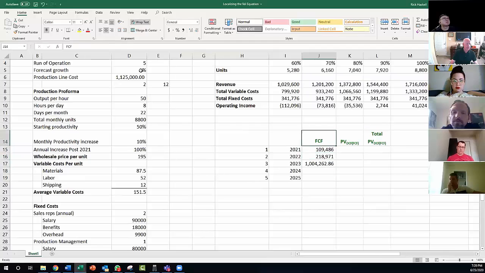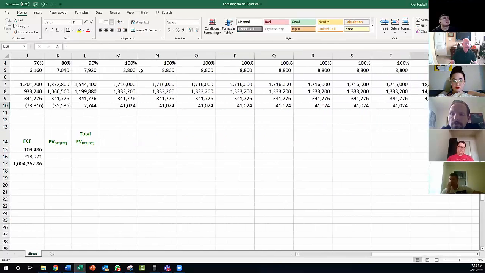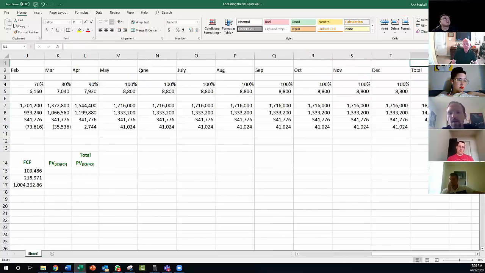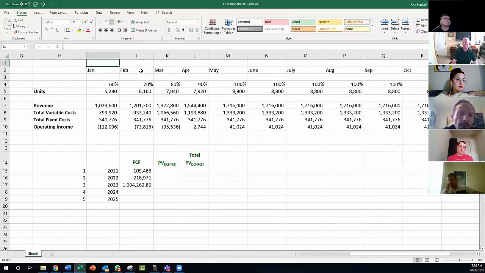So year 1's free cash flow was the sum of these monthly operating, and the summation column. That's how I got it. Now you might have, instead of doing it monthly, just taken the first year. You may have just run numbers and said, this is the first year. If you're going to be bold like that, you better give a paragraph or so helping me understand how you go from nothing to full capacity in your first year.